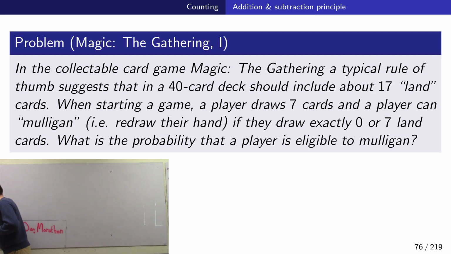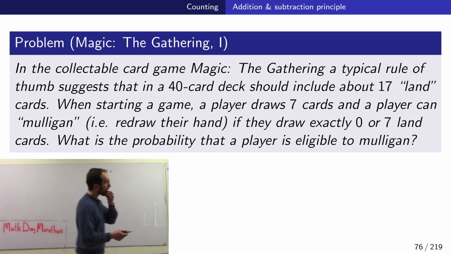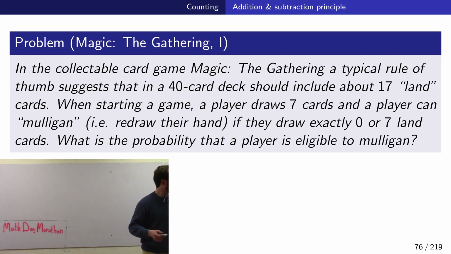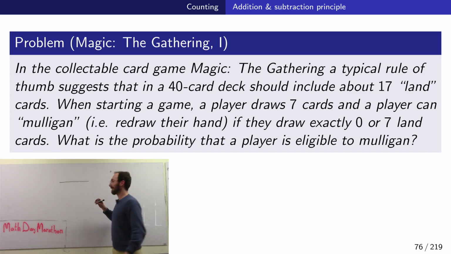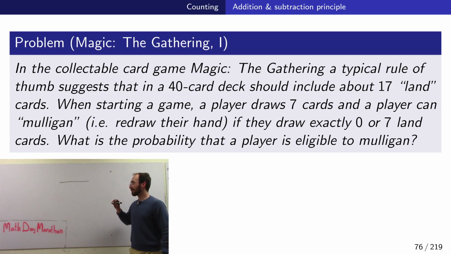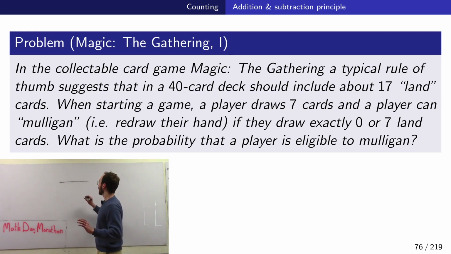So we might want to ask, well, what's the probability that a player can actually mulligan? And using addition and subtraction, this isn't the worst. Let's see. We've only had, I think, maybe the second probability question. So let's be careful here.